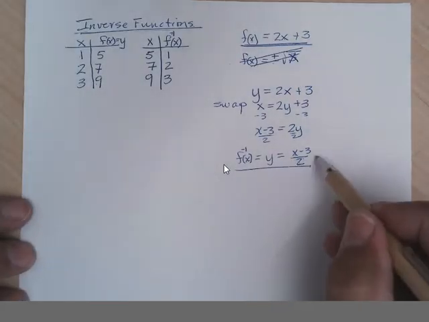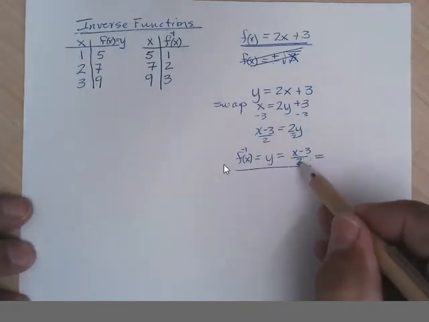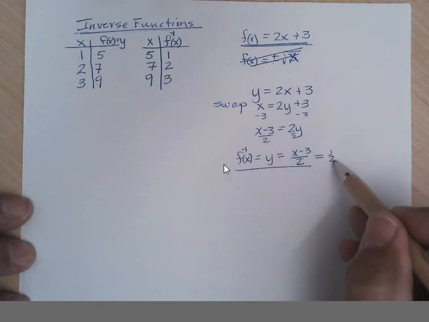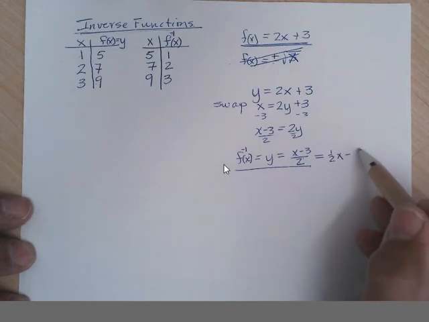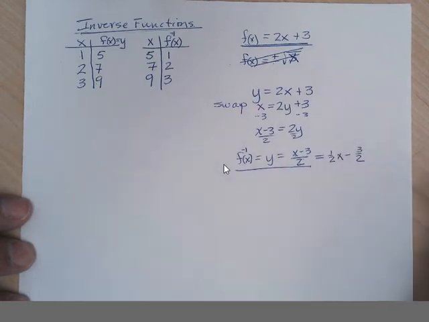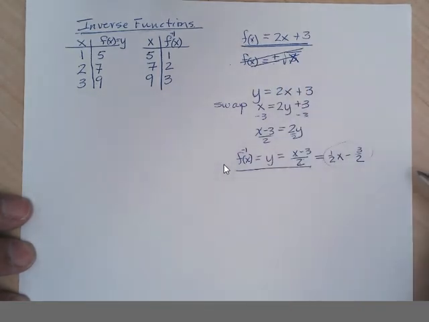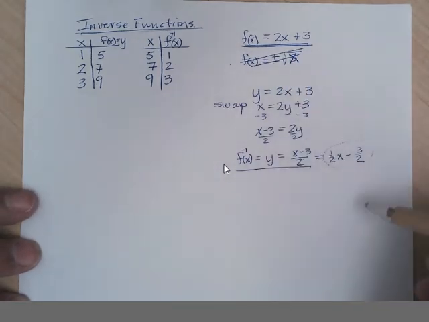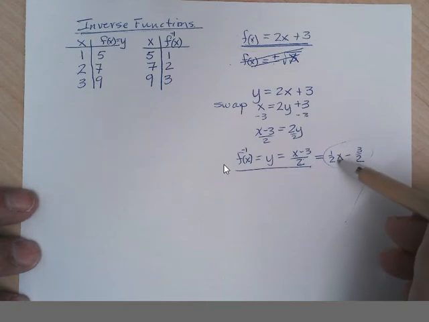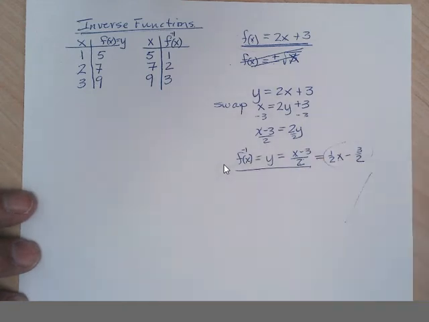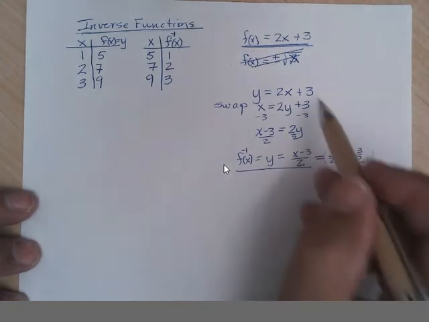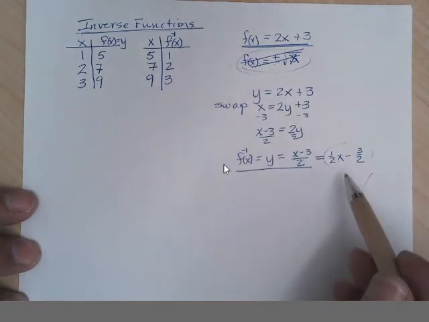If we simplify this, we divide by 2, I get 1/2 x minus 3/2. That's a line, just like this is a line. This is just a different line. And a line on a graph is a function. For every input you put in, you'll get a different output. Okay? There's no duplications, like this was not a function.